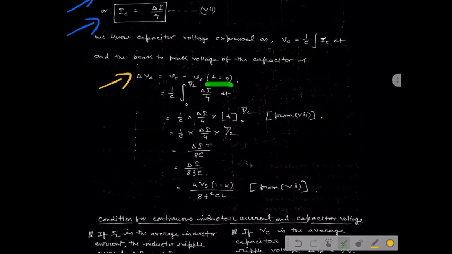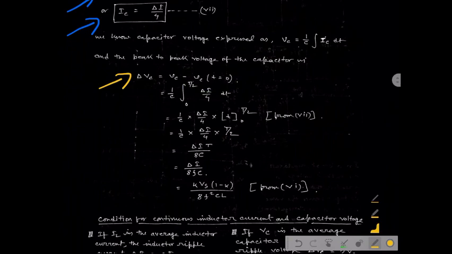That means this is the initial voltage at t equal to 0, because the capacitor always stores some amount of energy inside it during the starting case. That is why, as it works for all cycles, the capacitor voltage at t equal to 0 must have some magnitude, maybe 0 or maybe some other magnitude. That is why this is the expression.